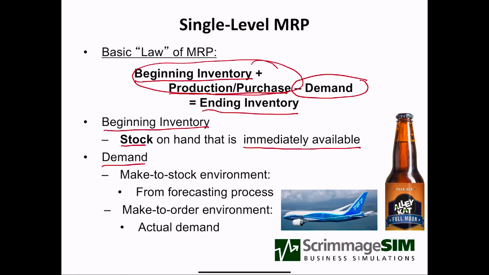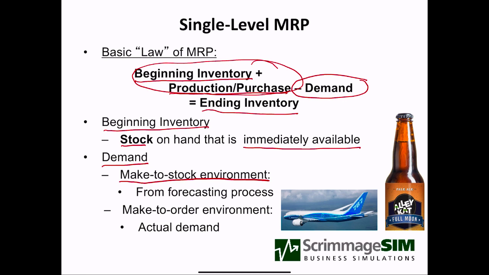Demand comes from two sources, or is brought into the system in two different ways, depending upon the environment. A make-to-stock environment is an environment where the product needs to be available for the customer to purchase. So when you go into a retail store, a Walmart, Walgreens, you expect the product to be on the shelf ready for you to purchase. That's a make-to-stock environment.